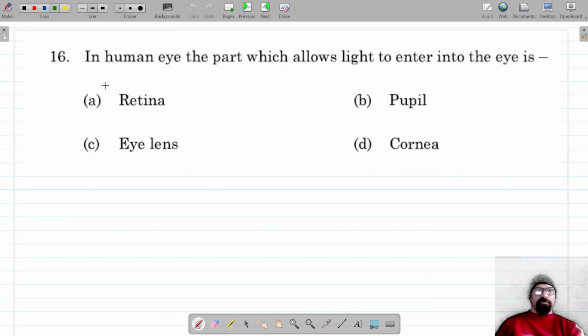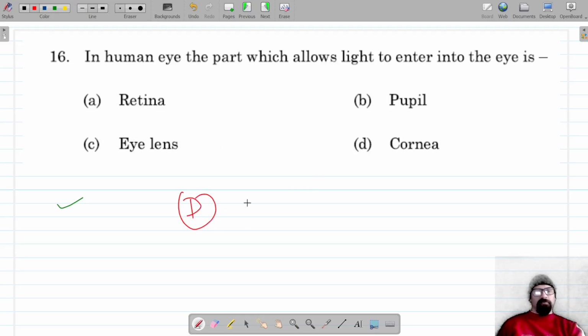For question number 16, it asks: in the human eye, the part which allows light to enter the eye is the cornea.